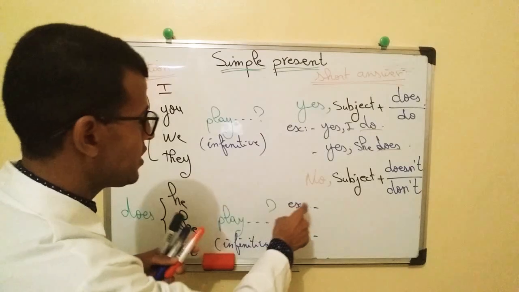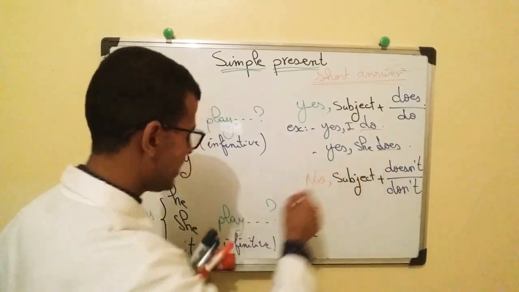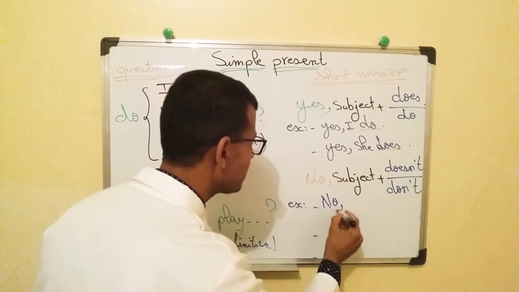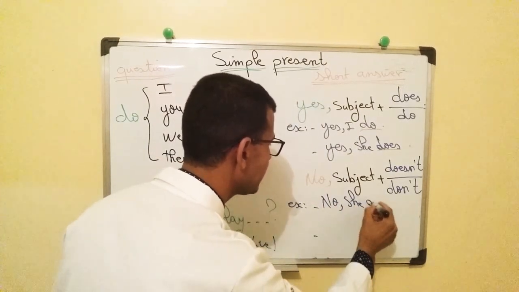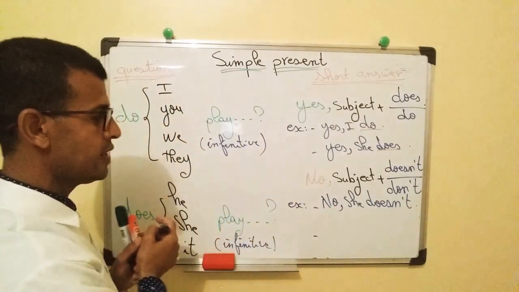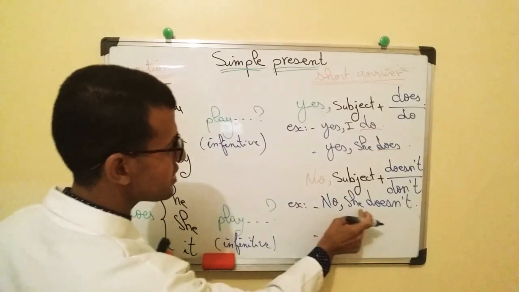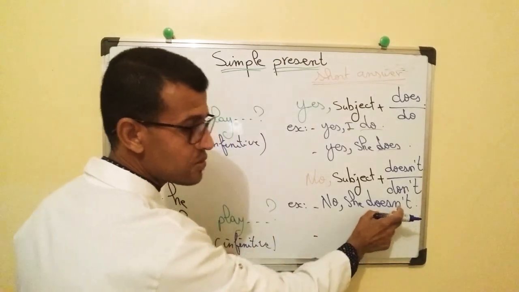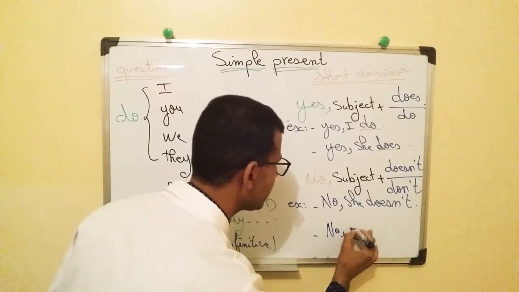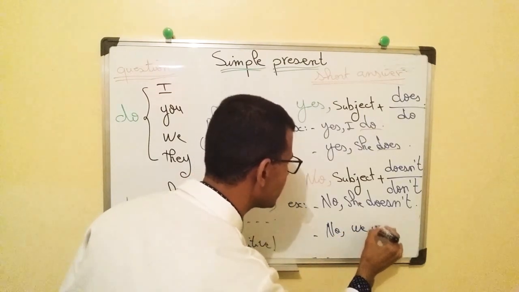For example, no, she doesn't, because with she we have doesn't in the negative form. Or no, we don't.